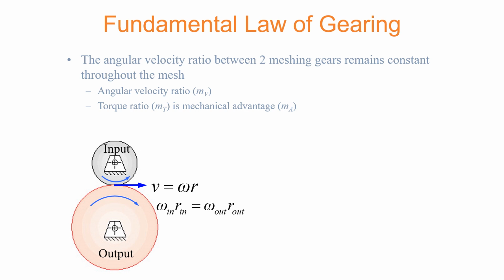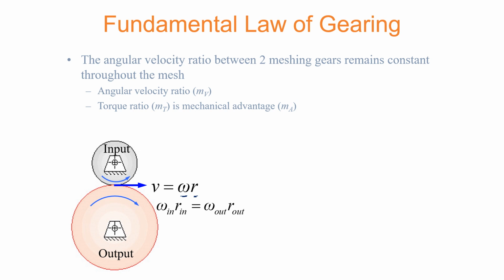Now, before we move on to the geared system, another aspect that we need to account for is the fundamental law of gearing. And that is that the angular velocity ratio is going to remain constant when these two meshing cylinders, or two meshing gears, rotate. What does that mean? It means that the angular velocity multiplied by the radius of the cylinder is going to remain constant.